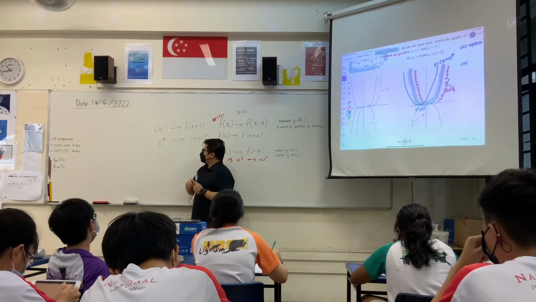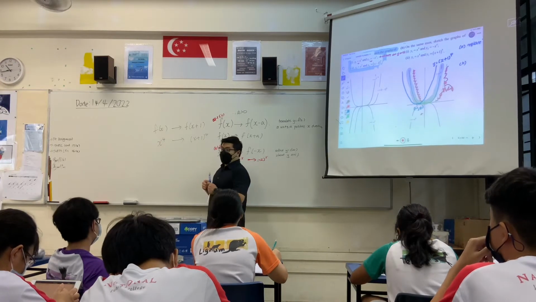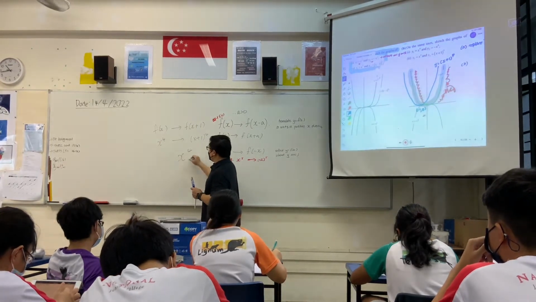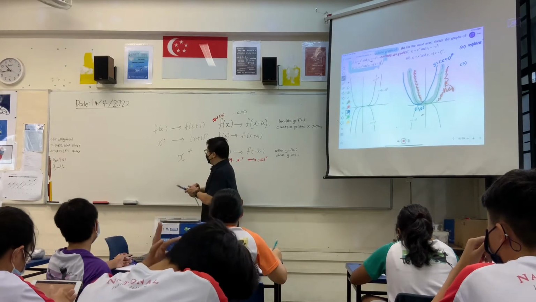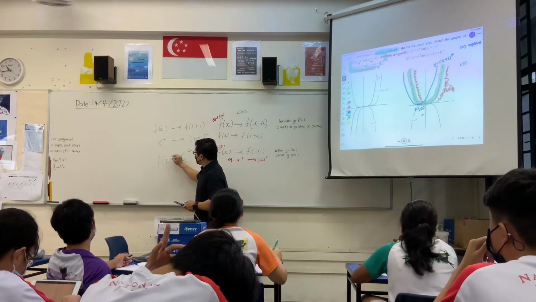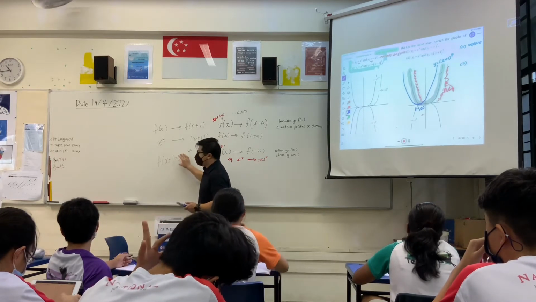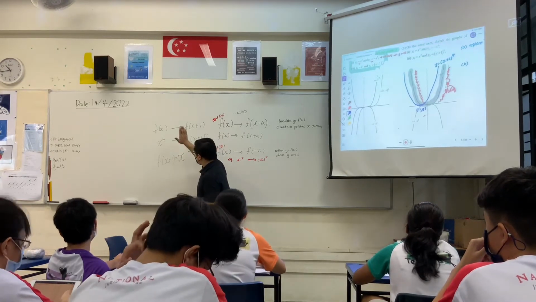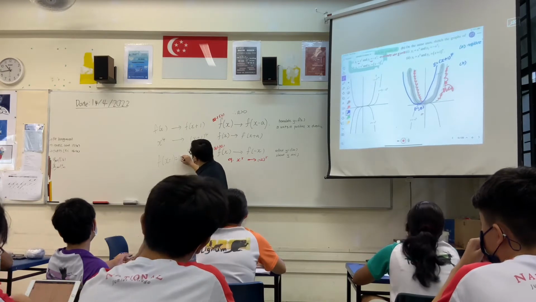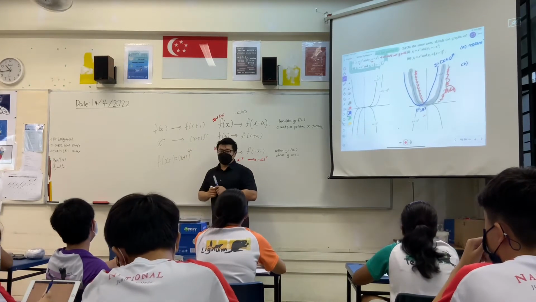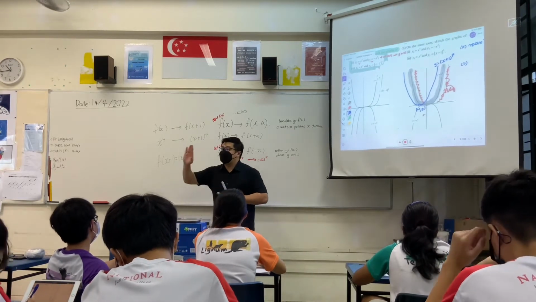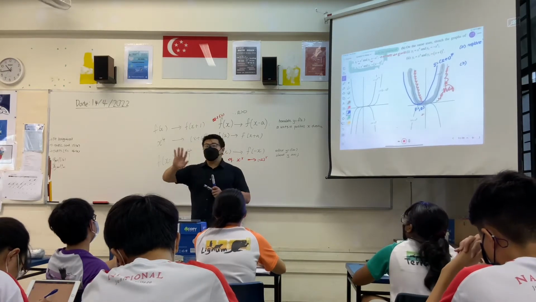You rub out the x and put in x plus 1. If this is your f(x) and you want to do x plus 1, you are replacing the x. Replace x with x plus 1. So you only touch the x. You don't touch anything else.